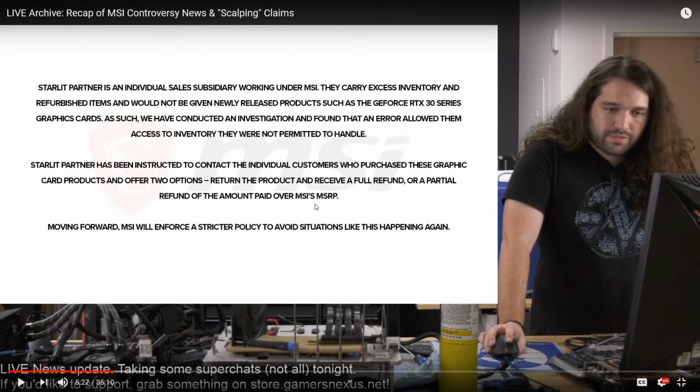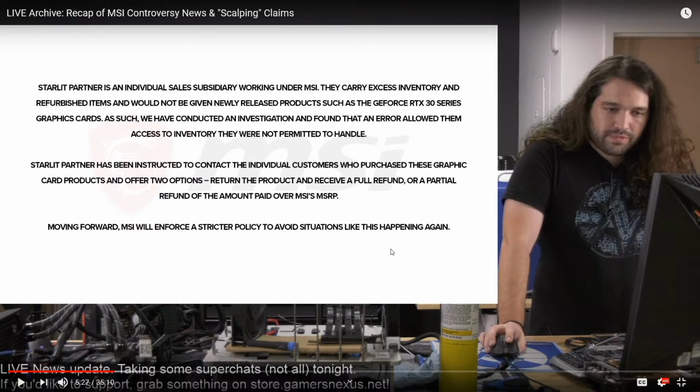So what they're trying to say here: somebody bought their graphics card and resold it, I'm guessing on eBay or somewhere, and if you bought that graphics card and you show proof of purchase that you paid over the MSRP, they can give you a full refund if you want, or they will deduct the MSRP from the amount you paid and give you the difference back. Moving forward, MSI will enforce strict policy to avoid situations like this happening again.